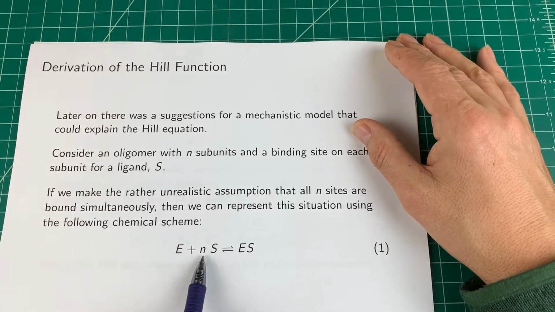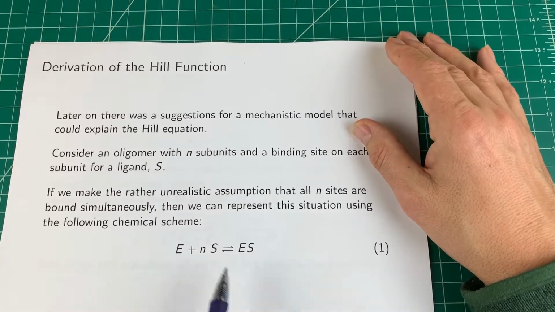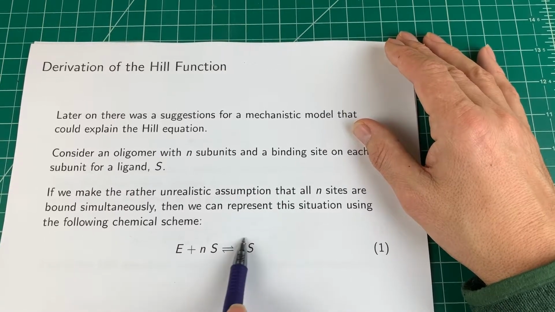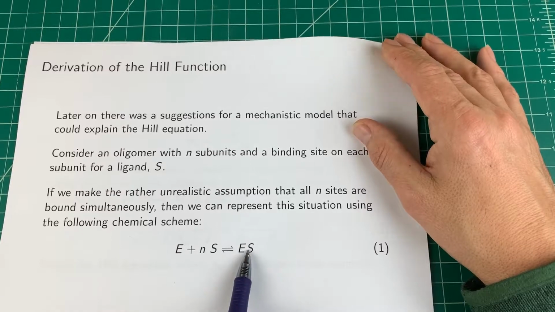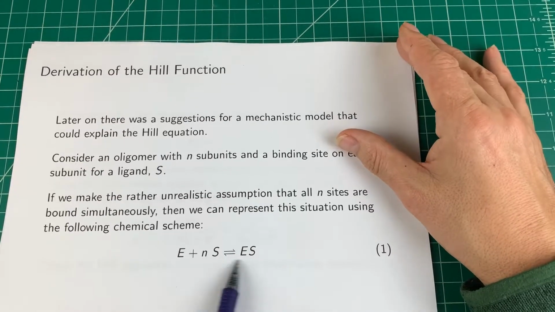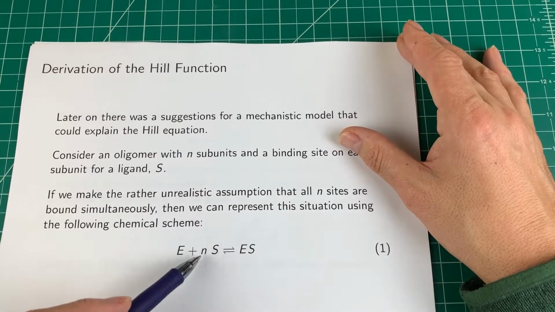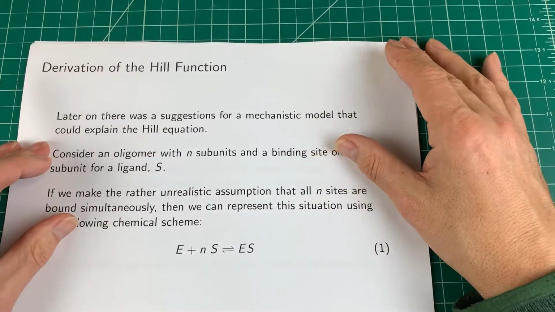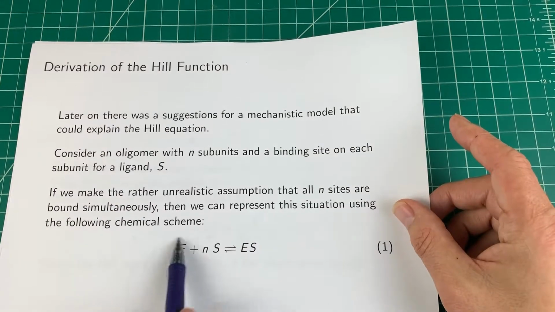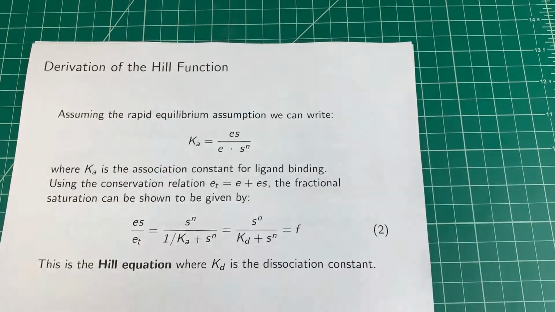So n could be 1, 4, 8, whatever it is, and that means there will be 8 or n ligands bound into this complex. Now the chance of this happening is pretty negligible. There's no way that 4 ligands could all bind simultaneously. But anyway, let's assume this is possible.